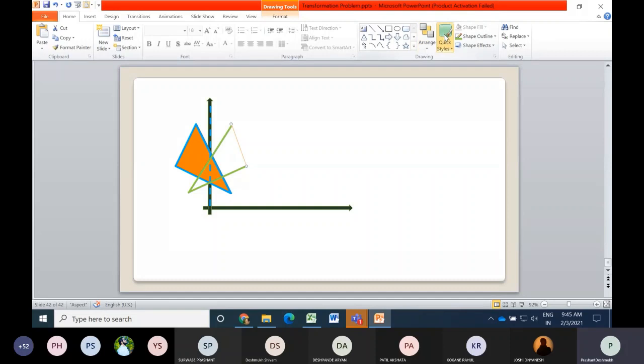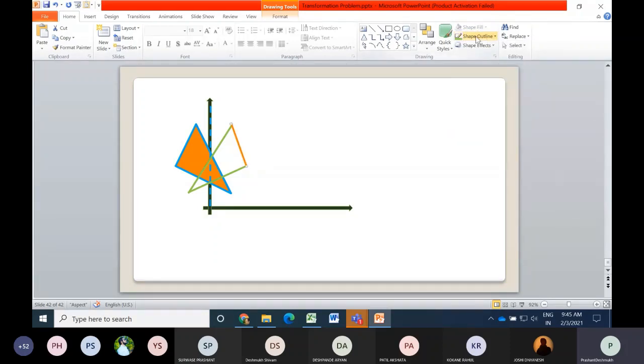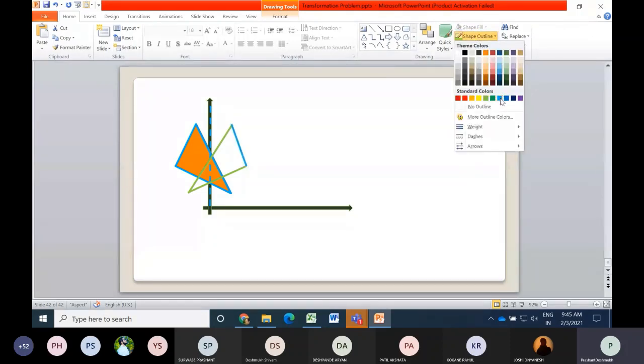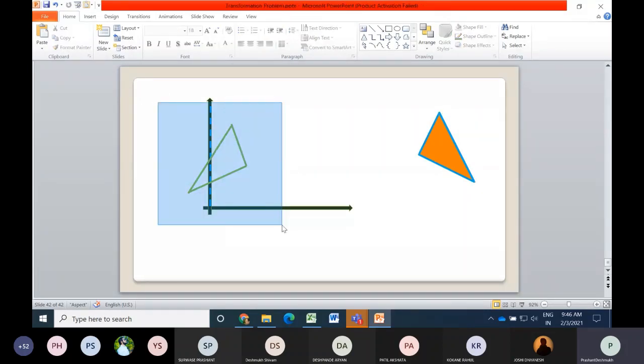This will be your triangle approximately. Okay. Next point is that forget about this. We'll keep it aside. Then these things we have to rotate.